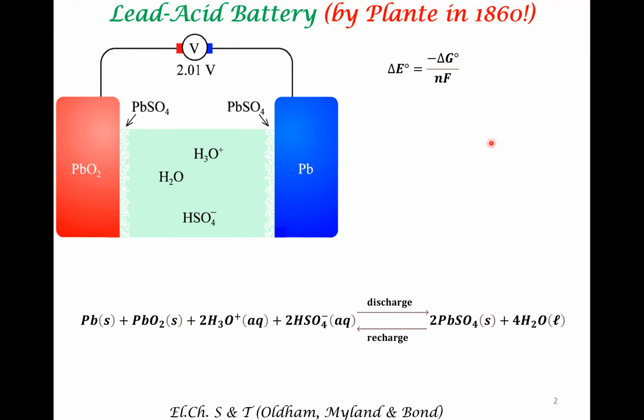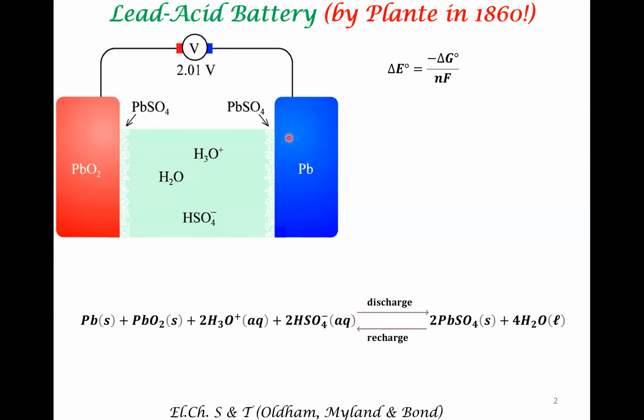Many of these things we have dealt with in previous lectures, but we can still try to discuss them in the context of the lead acid battery. The lead acid battery voltage can be obtained from the delta G of this reaction, and with that, you can calculate the standard voltage.